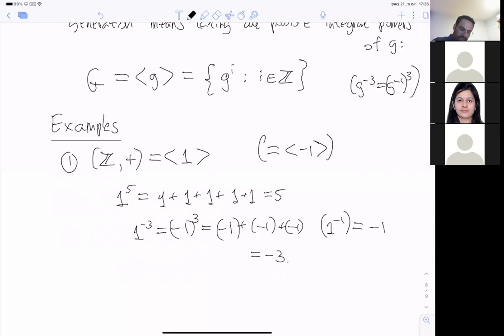We are going to see later that any infinite cyclic group is isomorphic to Z. Once you have established this group, all the other infinite cyclic groups are just isomorphic to it. So this is an infinite cyclic group.